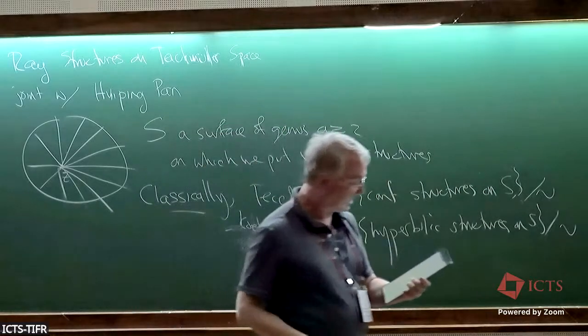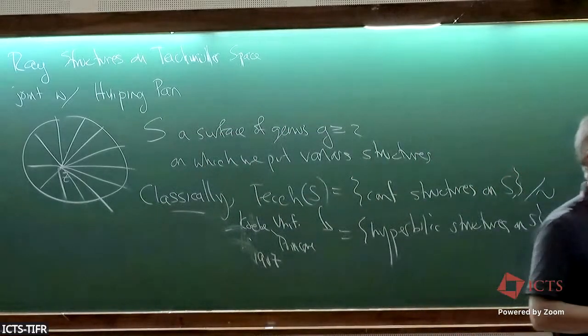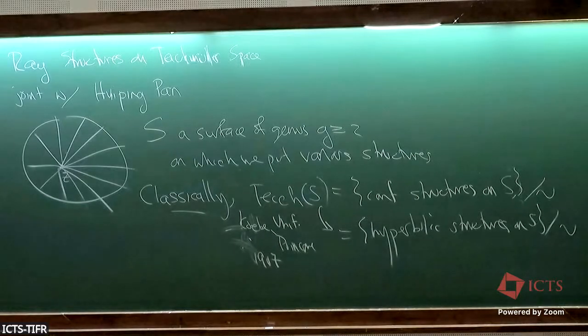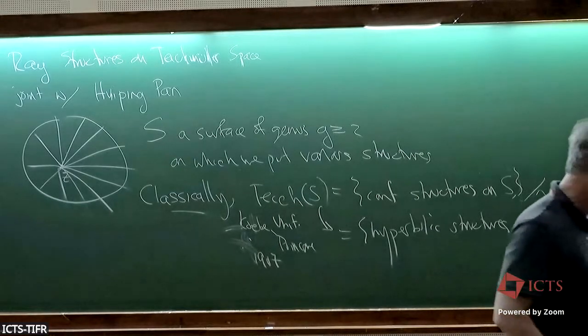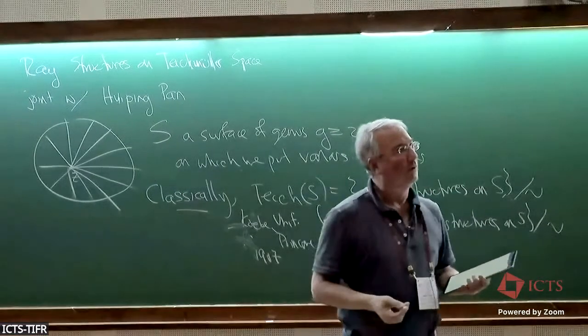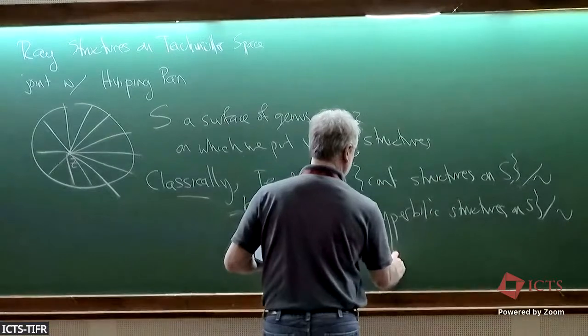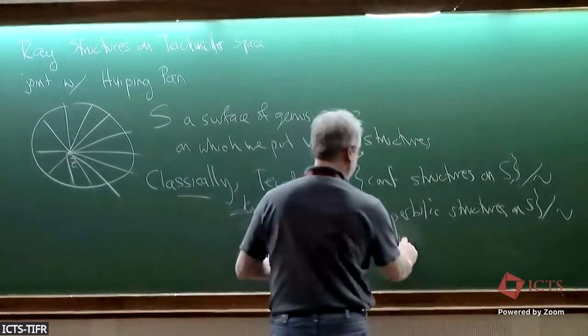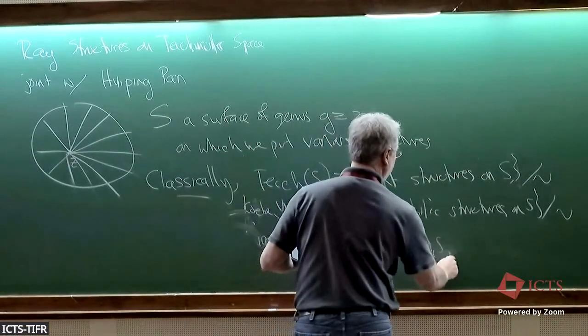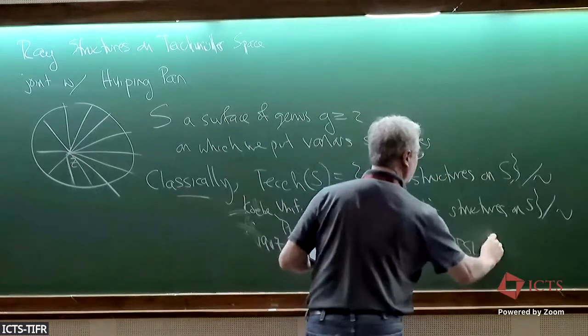I mean, Sarah was talking about discrete faithful representations of the fundamental group of the surface into PSL2R. So maybe I will say that one because it gets us a little further. So discrete faithful representations of pi1 of the surface into PSL2R.